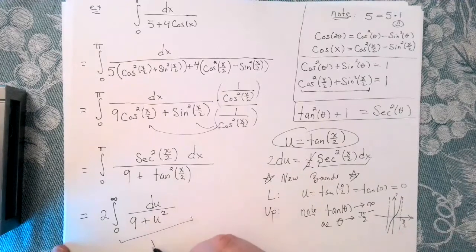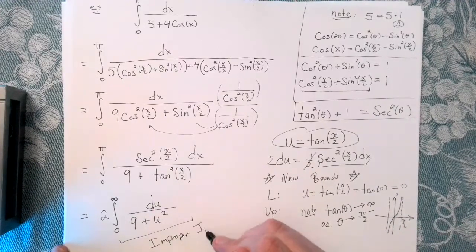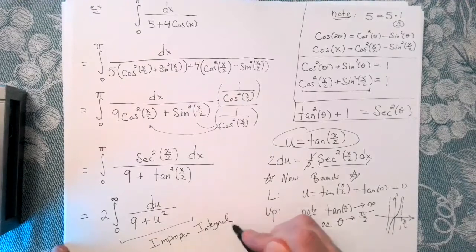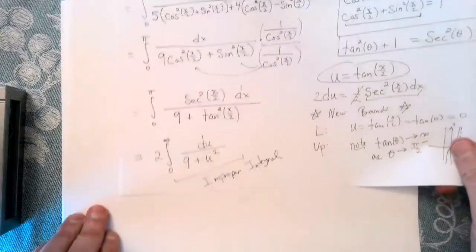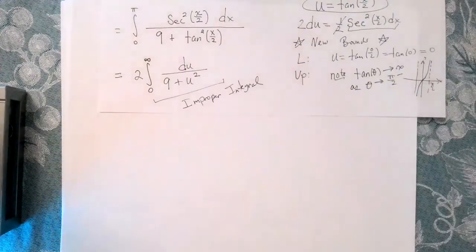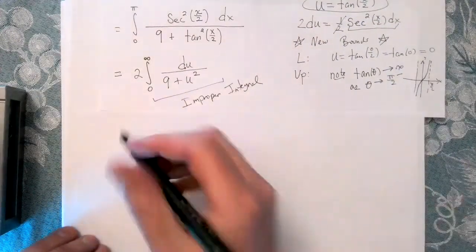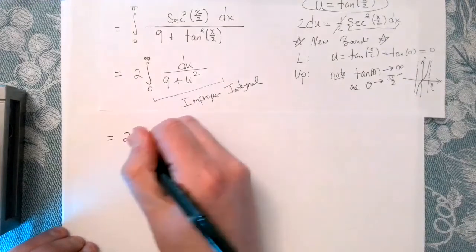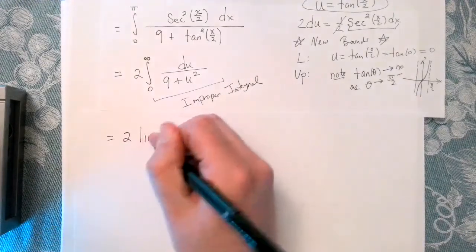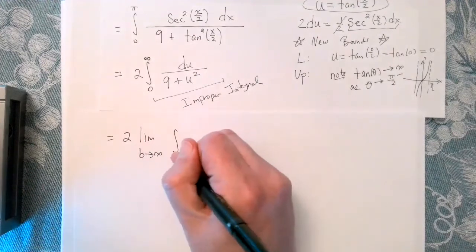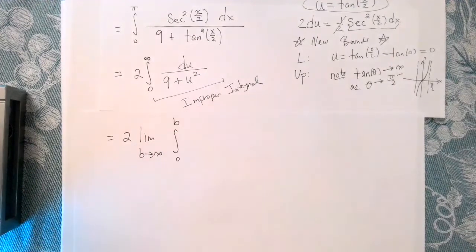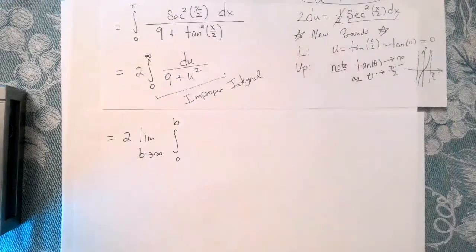Maybe I'll note this. So this is an improper integral. Okay, so let's see where that leads us. Okay, so with improper integrals, let's introduce a limit. Let's call that upper bound b, and b will go to infinity. In calculus, we sort of tame the infinite via limits.